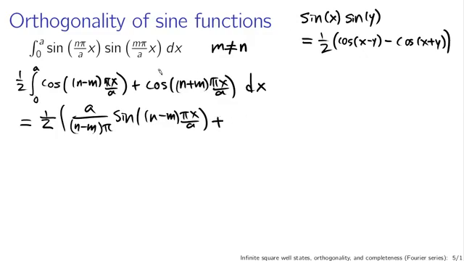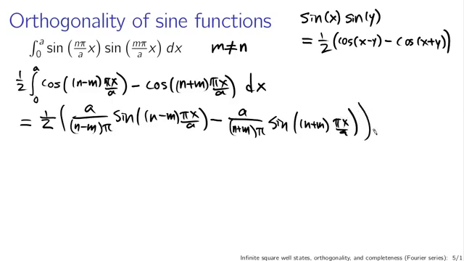Sorry, I've gotten the sign backwards here. This sign should be minus, same as this sign. The sign should be minus here as well. A over n plus m pi sine n plus m pi x over a. And this whole thing is evaluated between 0 and a.